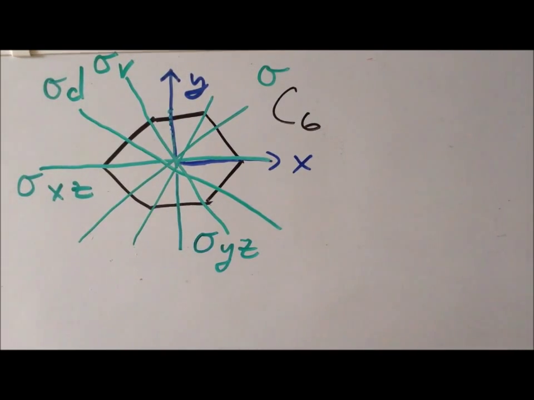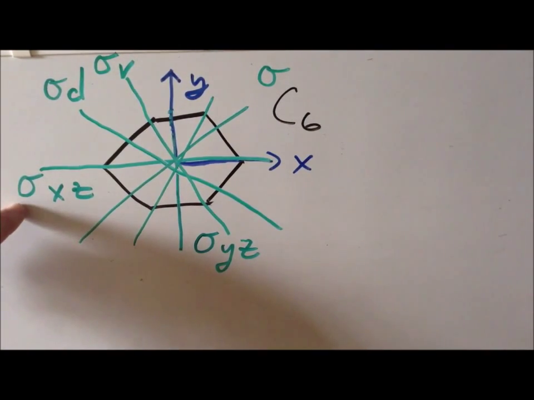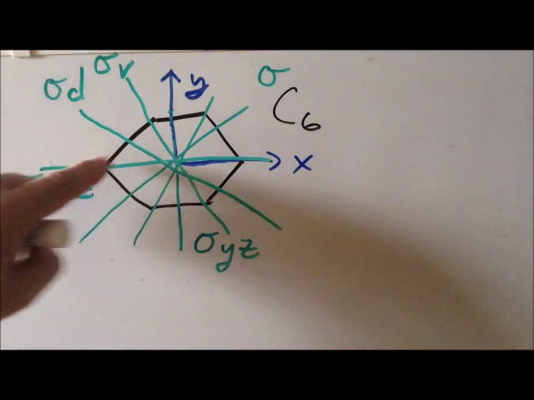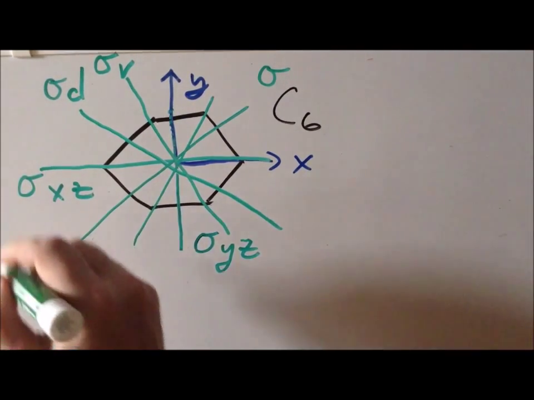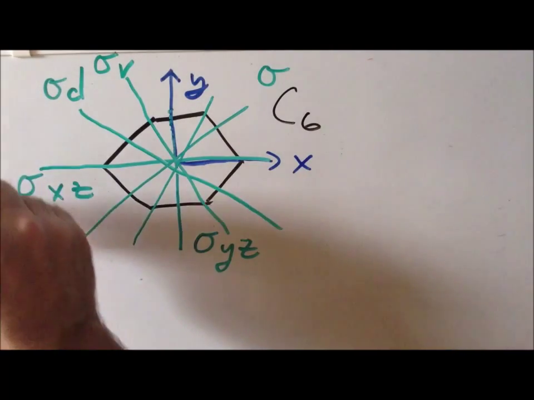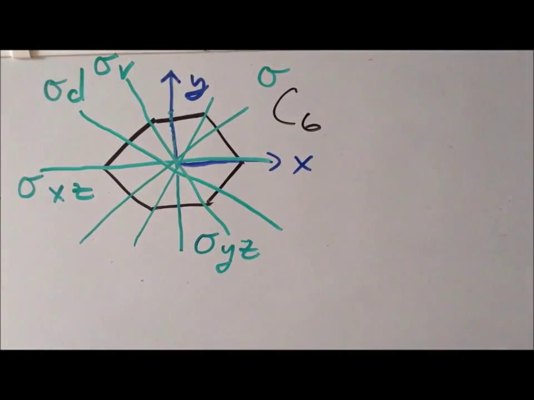So we see that this particular sigma xz goes through two vertices, so it must be a sigma v. That's a sigma v, sigma v there. The sigma yz goes between the vertices, so it must be a sigma d. It must be a dihedral mirror.